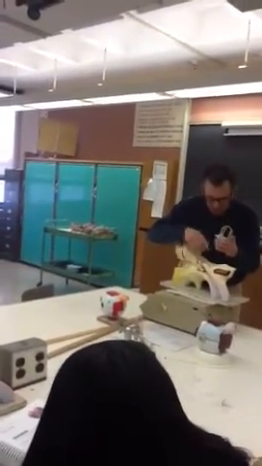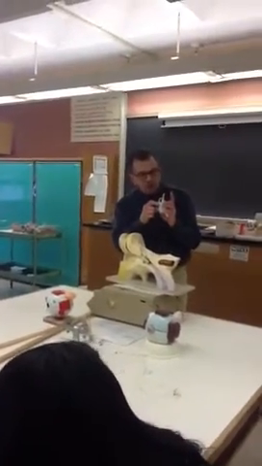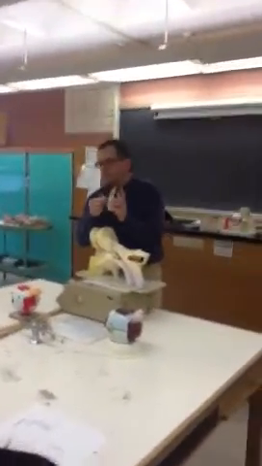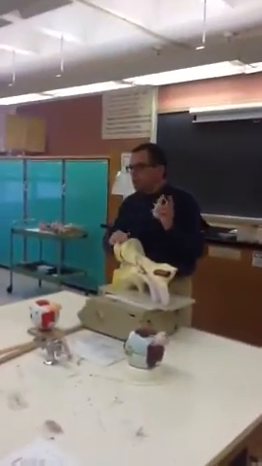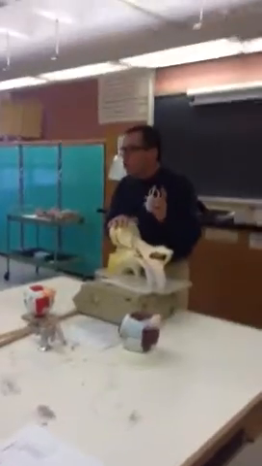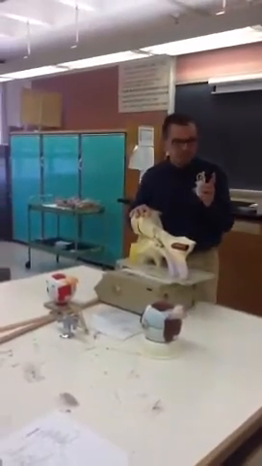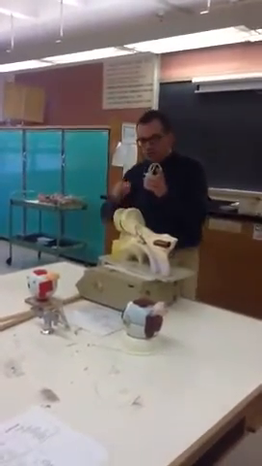Now, when you get to the stapes, on this model you can't tell because it's glued in, but the stapes is sitting over an open space. That open space is called the oval window. Now, the oval window is just as the name means.